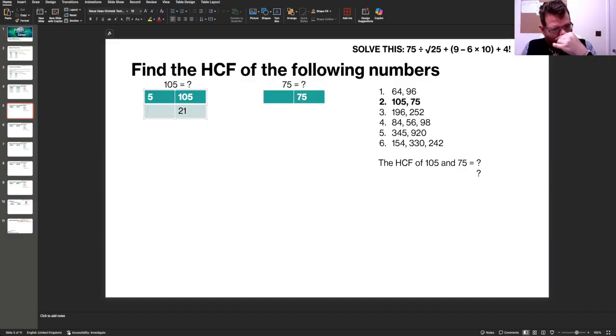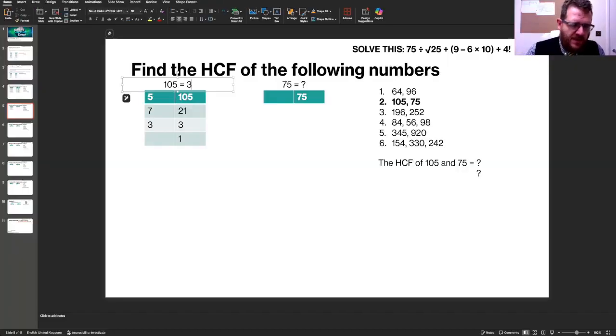And then you've got a 7 into that, which gives you 3. And then 3 divided by itself is obviously 1. So then, to put that into an equation, you've got 3 times 5, that's 15, times 7, which is 105.